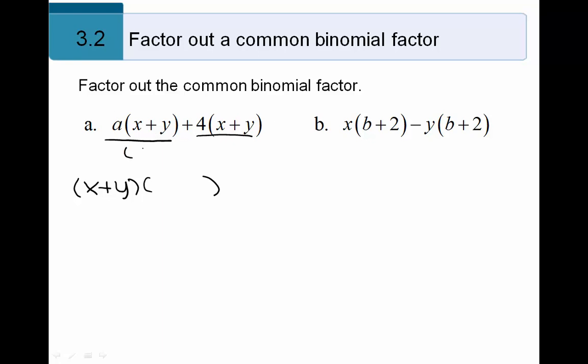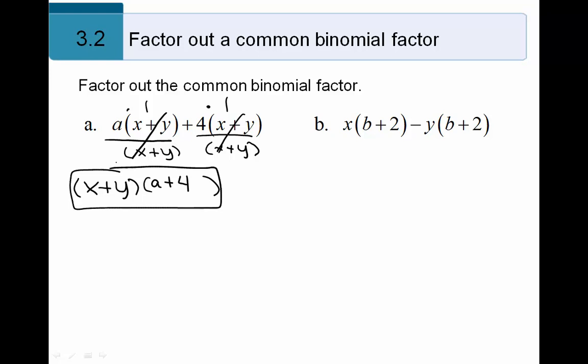So I'm going to divide by x plus y to figure out what goes in parentheses. X plus y divided by x plus y equals 1. A times 1 is a, plus x plus y divided by x plus y is 1, and 1 times 4 is 4. So x plus y multiplied by a plus 4, or a plus 4 multiplied by x plus y.